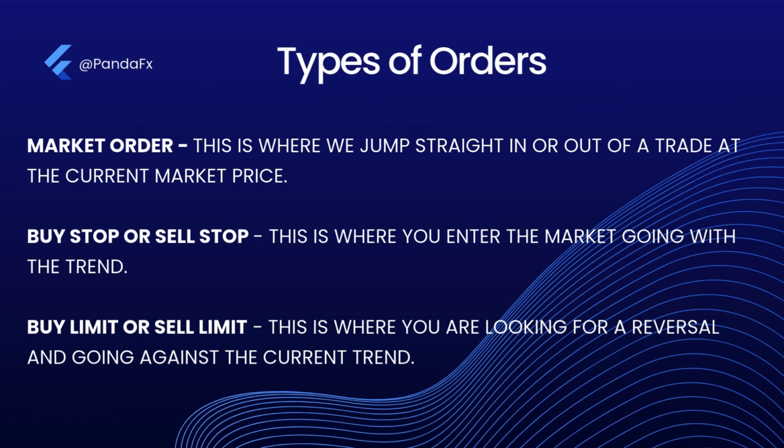For the sell limit, it's the opposite. You place your order above the current market price and wait for price to get up to your order, fill it, and then price should turn and gravitate down. That is the buy limit or the sell limit.